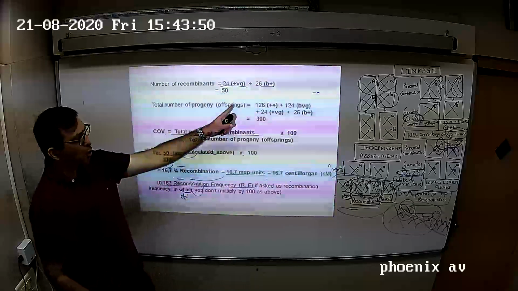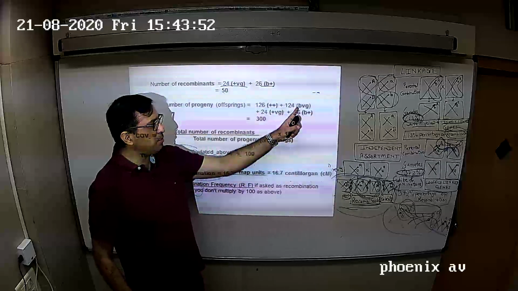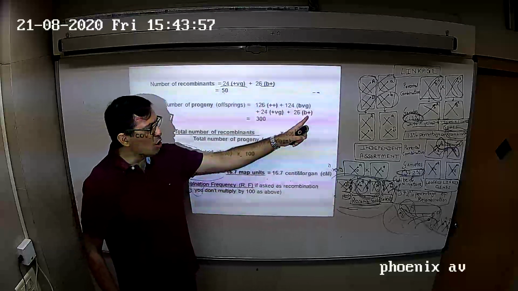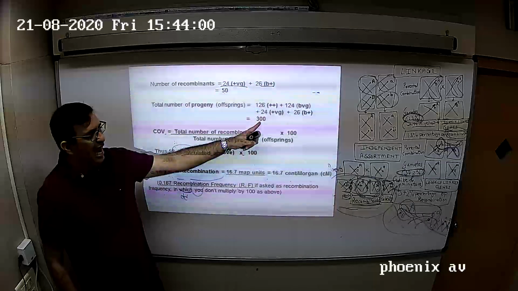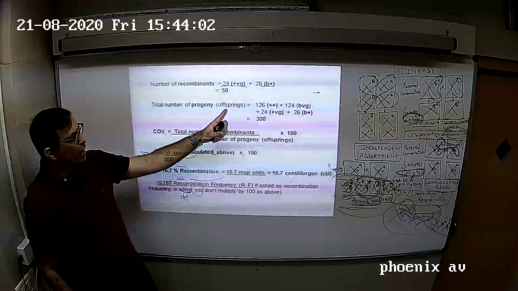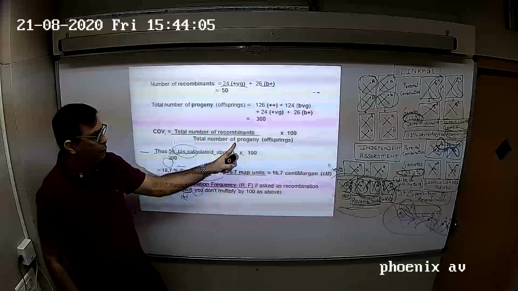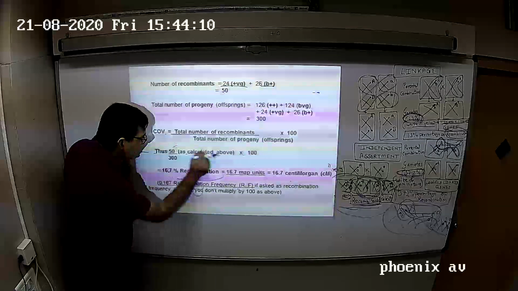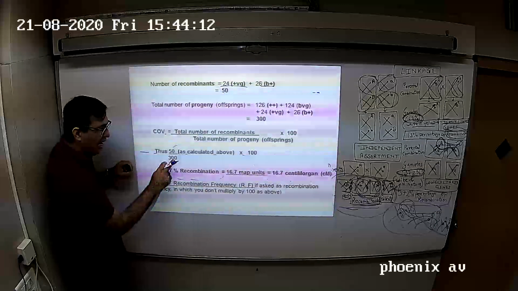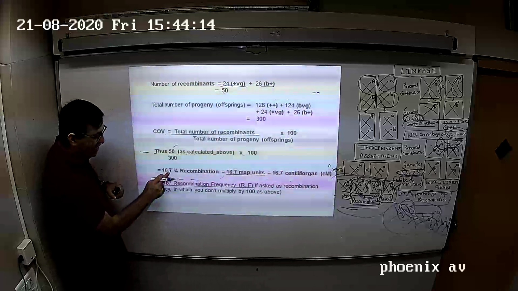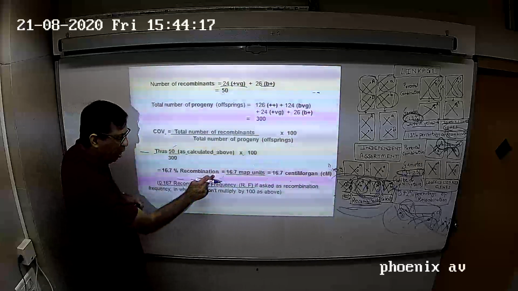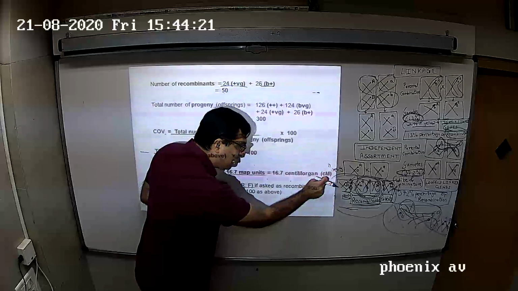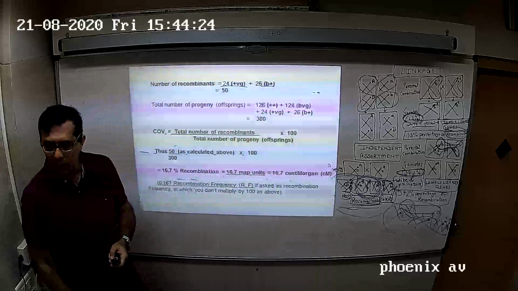That means the total number of offspring is 126 parental, 124 parental, 24 recombinant, 26 recombinant, that is 300. Number of recombinants upon total number of offspring multiplied by 100 gives the crossover value. That will be 50 upon 300 multiplied by 100, which is 16.7% recombination or 16.7 map units or 16.7 centimorgans.